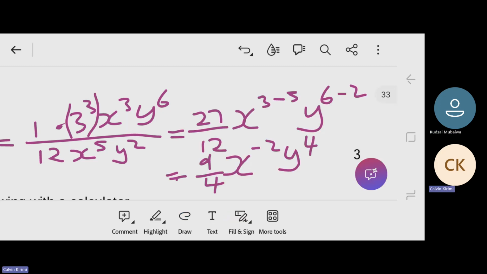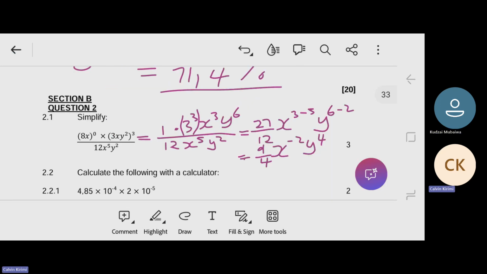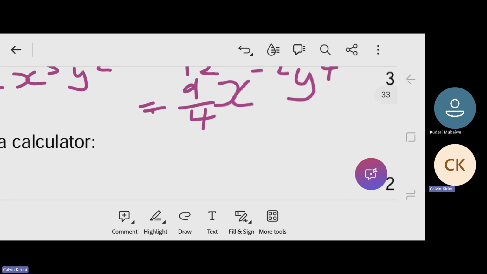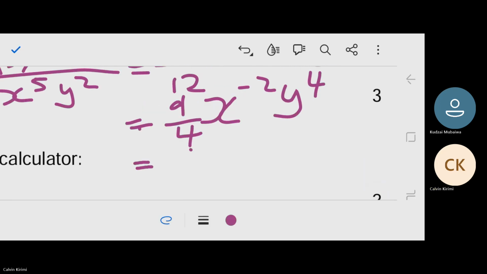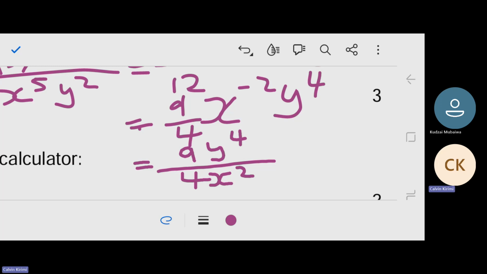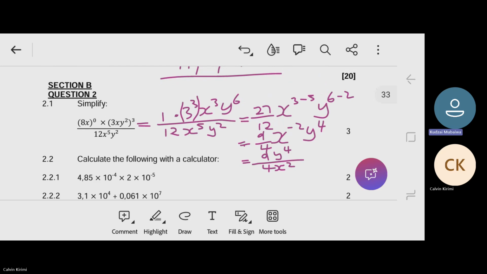So it depends on what the question wants. If they say leave your answer as positive exponents, then you put the x down there, which means the answer is 9 y to the power 4 over 4x squared. Any question? I did not understand how you put it into positive exponents.